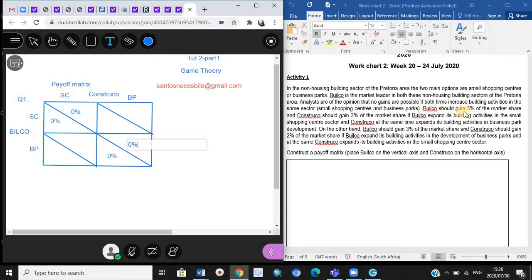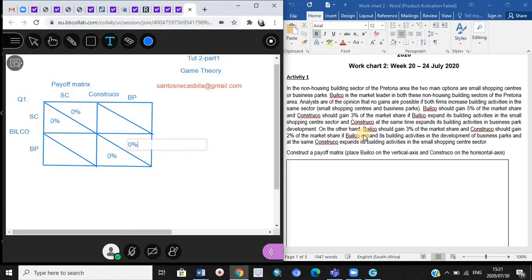Bilko should gain 5% of the market share and Constructor should gain 3% of the market share if Bilko expands its building activities in the small shopping center sector and Constructor at the same time expands its building activities in the business park development. What does it mean?